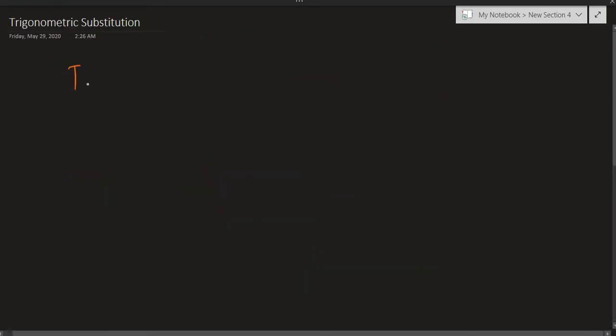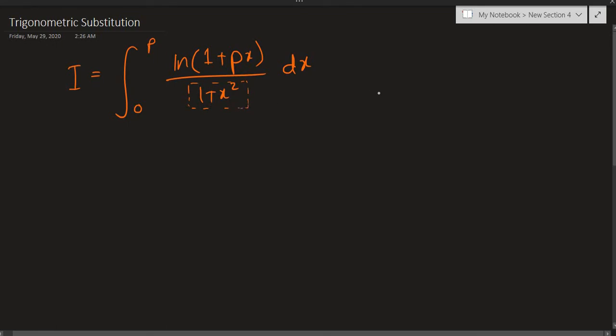So we have our integral I from 0 to p of the natural log of 1 plus p times x divided by 1 plus x squared dx. Noticing the denominator, this is one of those standard expressions for trigonometric substitution that I talked about in my differentiation 4 video.